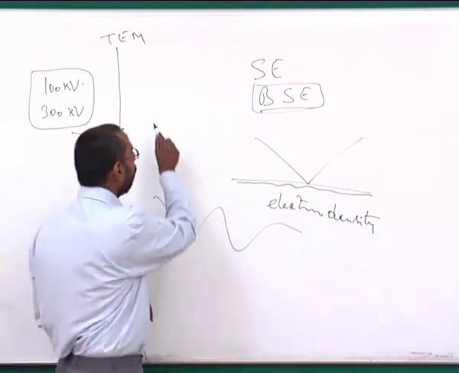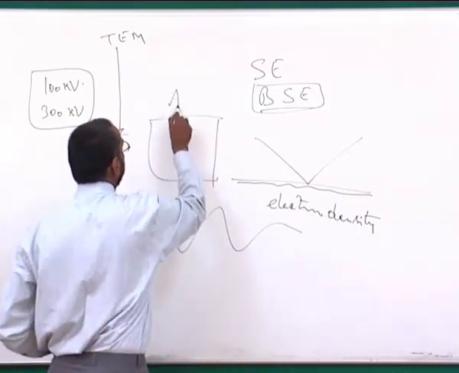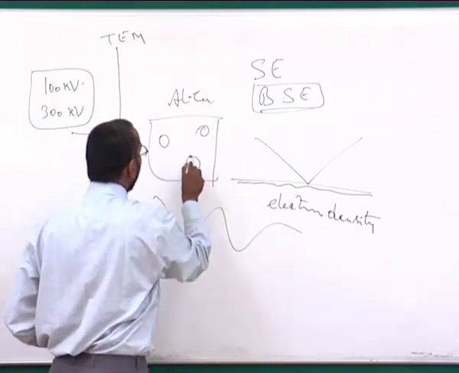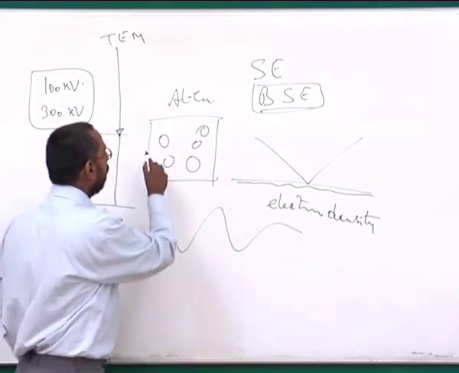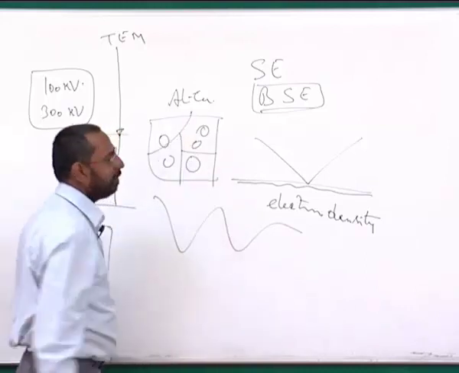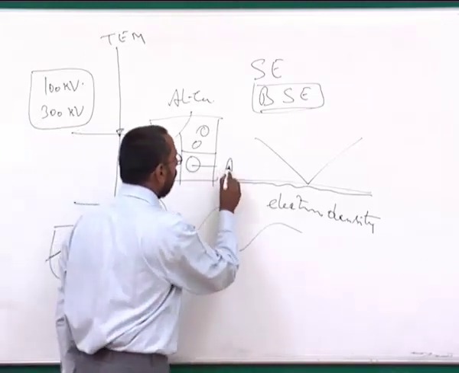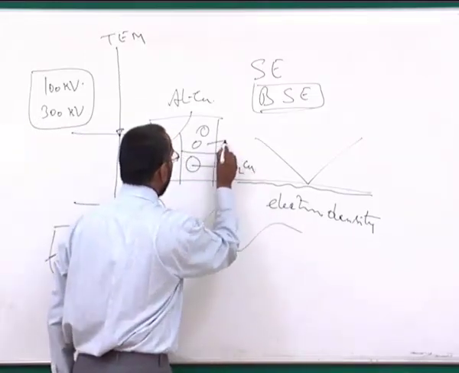For example, if I have a sample with an aluminum copper alloy, let us say, again go back to the same example. So we have, let us say, precipitates inside the material. You have certain grains, and inside the grain there are certain precipitates. And I know that this precipitate is Al2Cu, and this matrix is alpha.